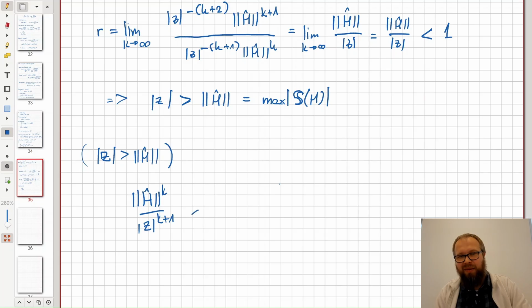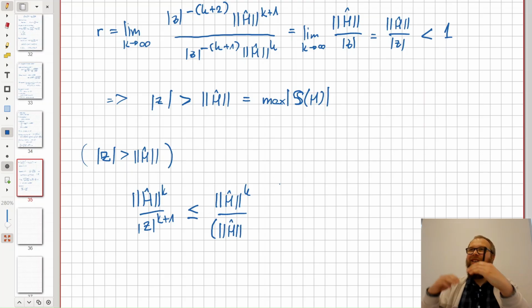But this guy can be bounded from above by H, K, and we can put H into the denominator. So we're on the verge, on the border, where the ratio test is no longer applicable.